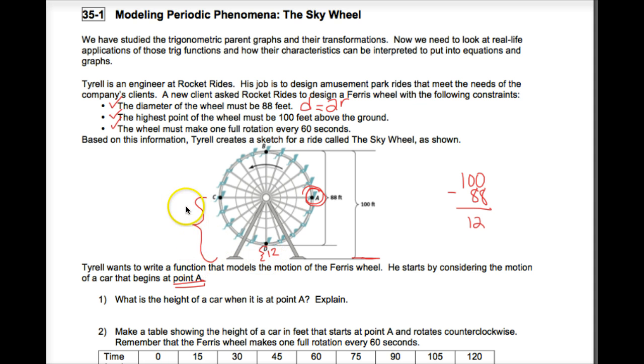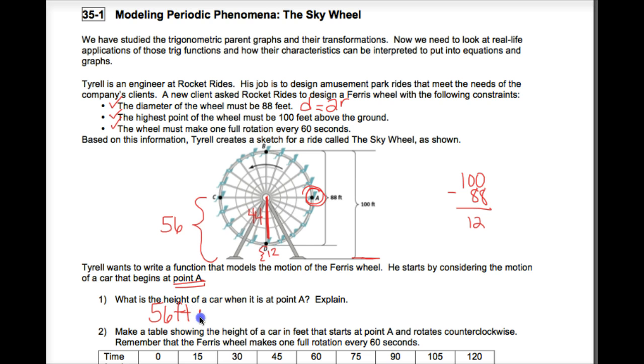So this height here to point A is going to be that 12 plus the radius of the circle. If the diameter is 88, the radius is 44. So 44 plus 12 gives you a total of 56. Hopefully you came up with 56 feet.